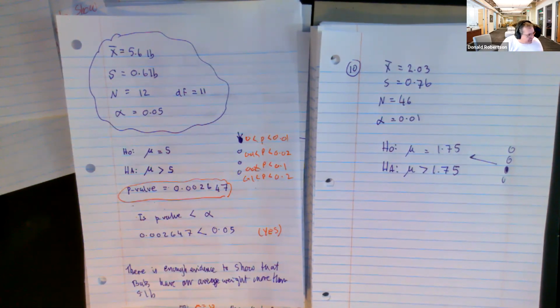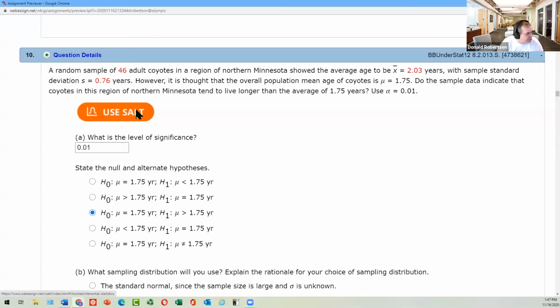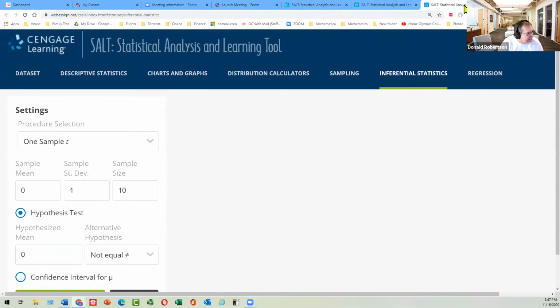And then the rest of this is going to come from SALT, which means I'm going to have to leave this and go into SALT and use all that information that we have. And here goes. Okay, this fella was 2.03.